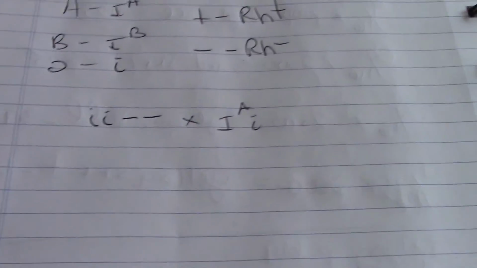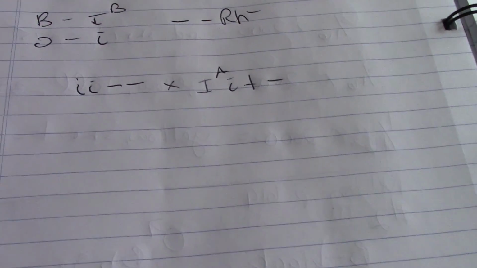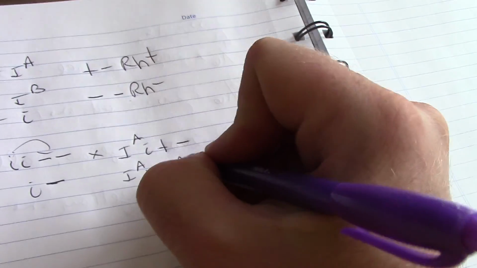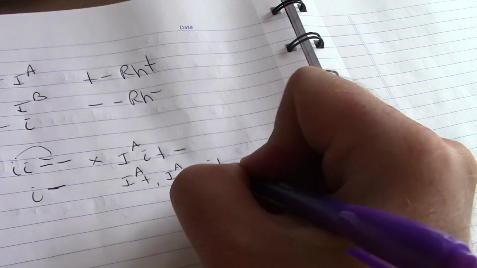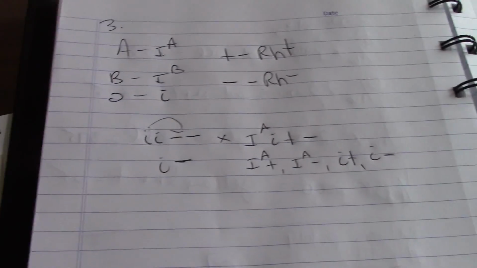It doesn't say if he's dominant or recessive, so you just assume he's heterozygous. And this is plus negative. So what are the phenotype combinations of children? Make your Punnett square. So there's only one possible gamete there, i negative. And from this one I get I^A plus, I^A negative, little i plus, and little i negative. Okay? And then we make a Punnett square just like we would with anything else.